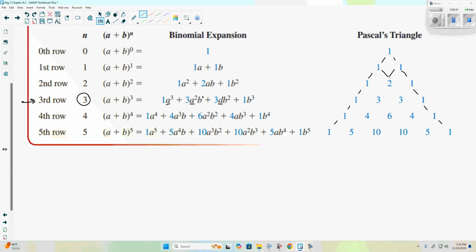So the next row, 1 and 2 is 3. 2 and 1 is 3. 1 and 3 is 4. 3 and 3 is 6. 3 and 1 is 4, and then we have our 1. 1 and 4 is 5, 4 and 6 is 10, 6 and 4 is 10, 4 and 1 is 5. We kind of see how they make the tree.